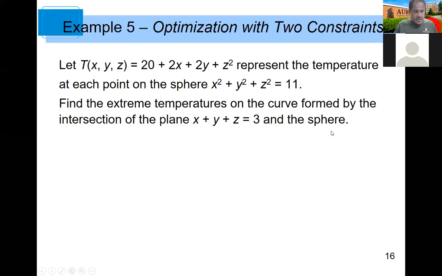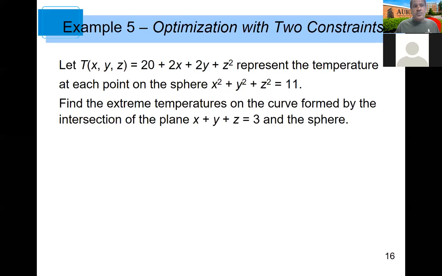So we are finding the maximum temperature on the sphere, okay? But we are not really finding the maximum temperature on the entire sphere. Instead, we are finding the maximum temperature on the sphere and the intersection of the plane x plus y plus z is equal to 3.